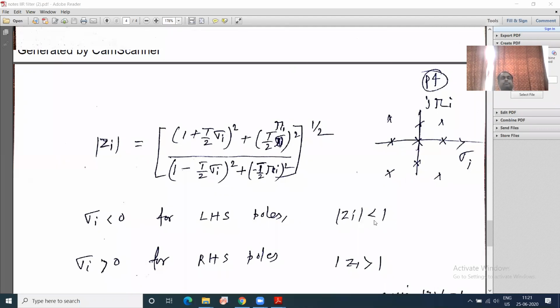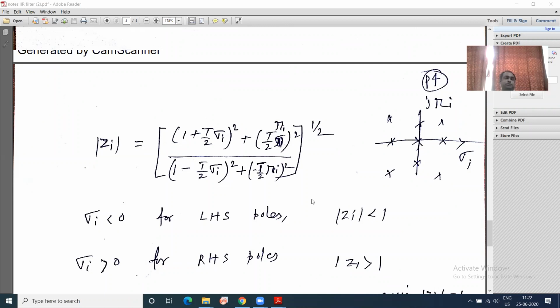In other words, left half S plane poles are mapped within the unit circle, because magnitude of Zi will be less than 1. Is it clear? Very good.